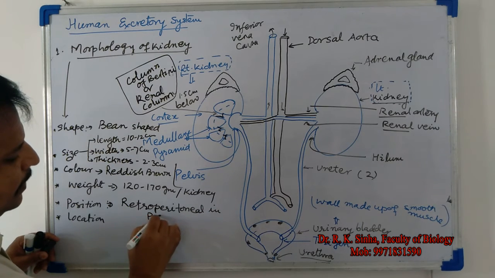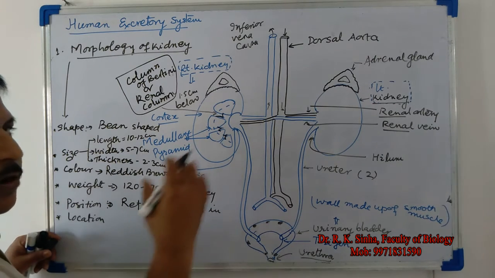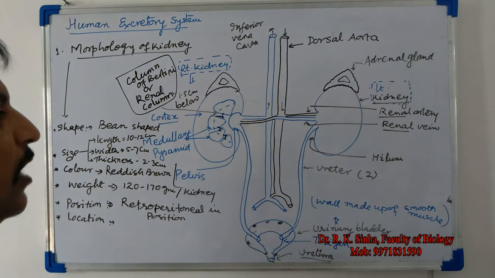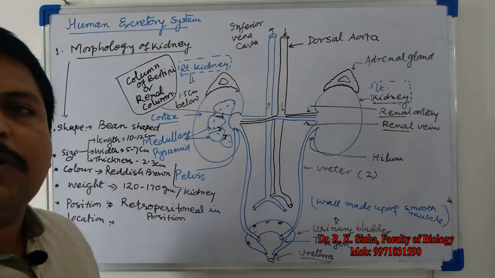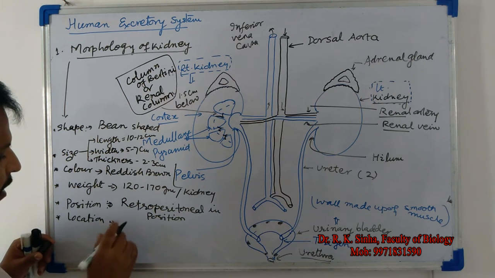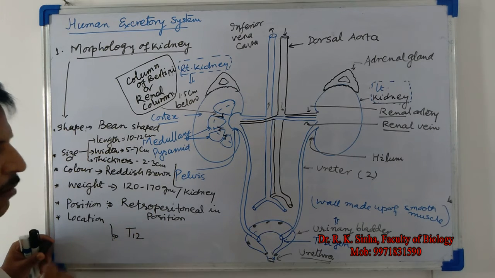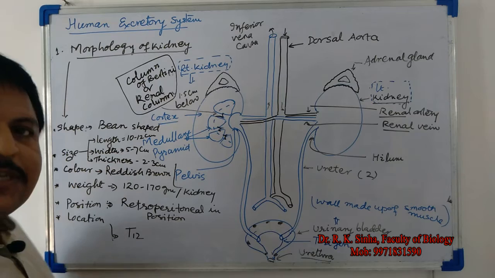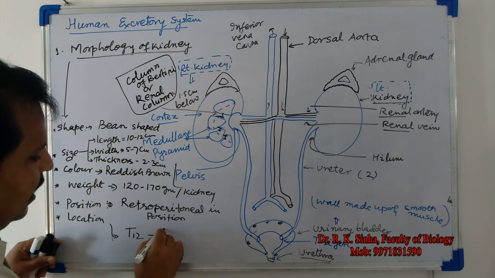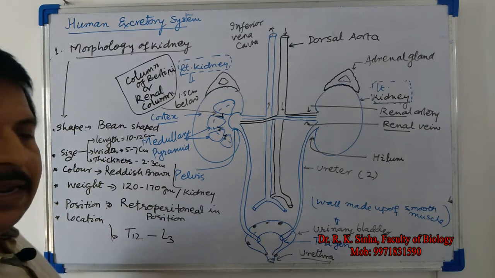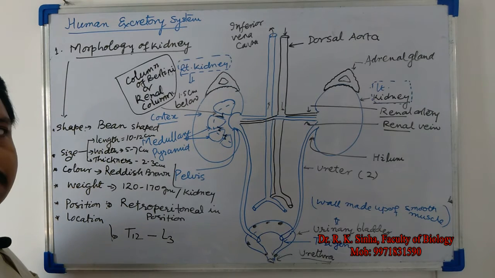In position means just on the dorsal side of the body and in front of the body. What will be the location of these two kidneys in the abdominal cavity? So it is located between the last thoracic, that means T12, there are 12 thoracic vertebrae, so last thoracic means T12 vertebra, and the third lumbar vertebra, this is L3.